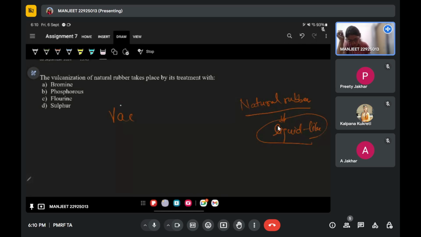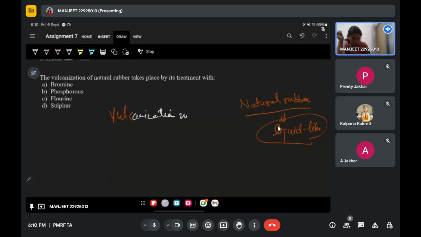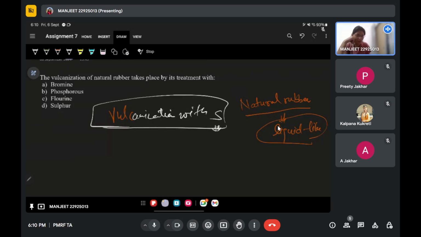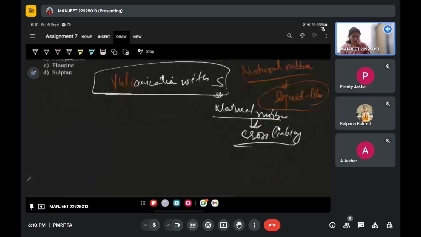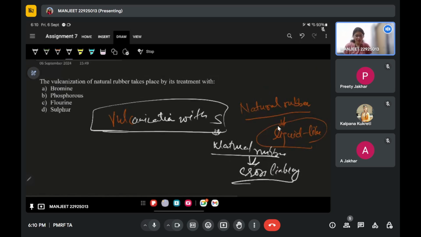Vulcanization is basically when we heat natural rubber with sulfur, or add sulfur to the natural rubber, so that we get cross linking. Because of this cross linking we get hardness and flexibility, which depend upon how much cross linking there is in the natural rubber. So vulcanization of natural rubber takes place by treatment with sulfur.